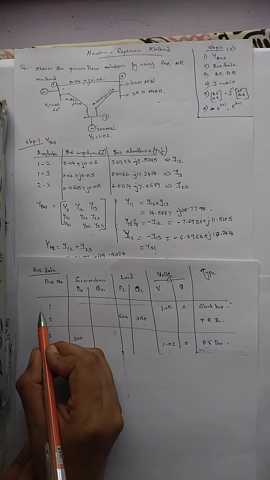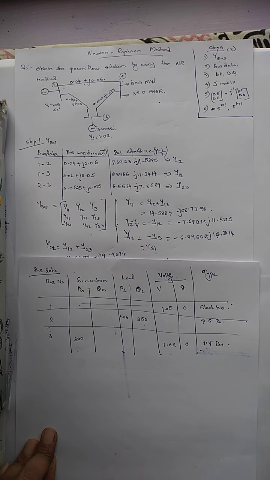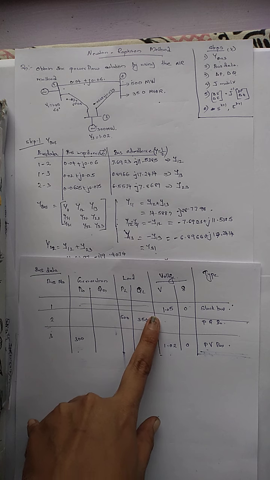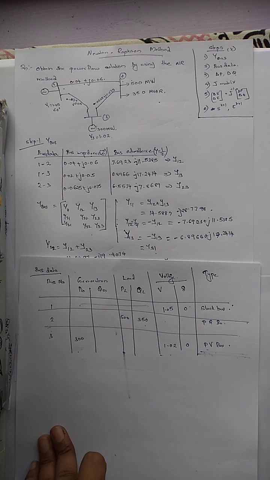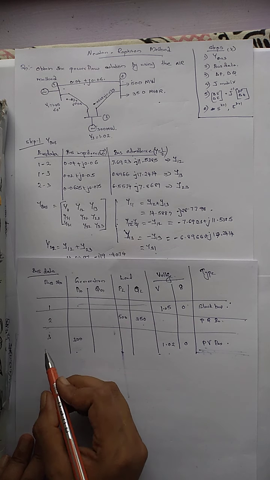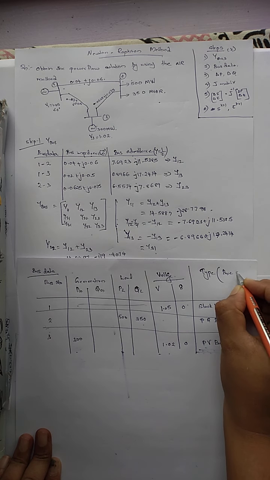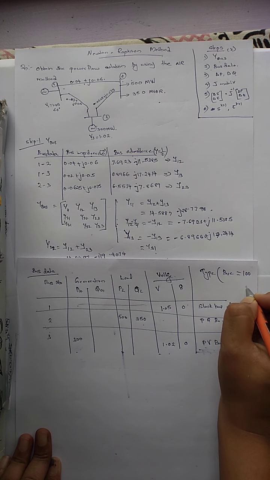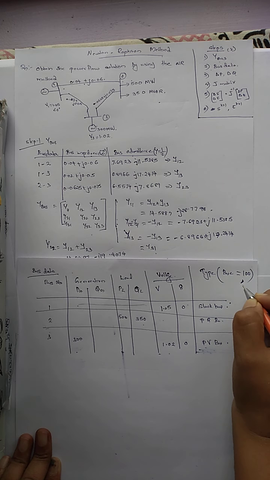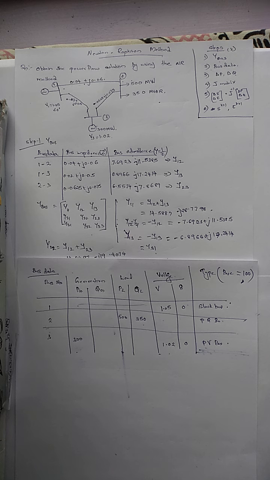So this is the bus data. Before proceeding to this, we have to find out the per unit value. I am taking my base value as 100 MW or MVA, and everywhere I am taking my base value as 100.